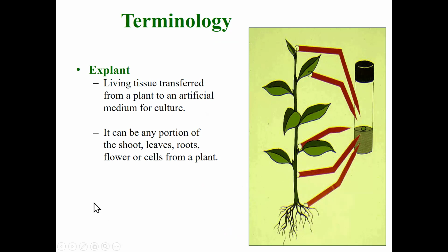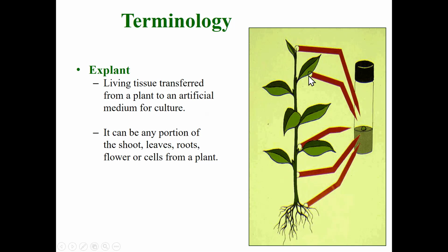It has practical implications. One of the important terms is explant. Explant is living tissue transferred from a plant to an artificial medium for tissue culture. You cannot take a portion of the plant from anywhere, because we choose the specific part of the plant which has the potential to grow in the culture medium, especially the part where meristematic tissues are.